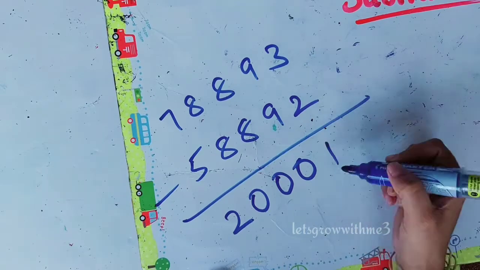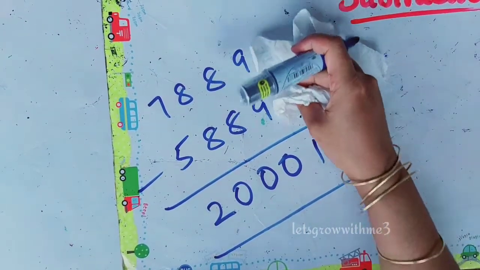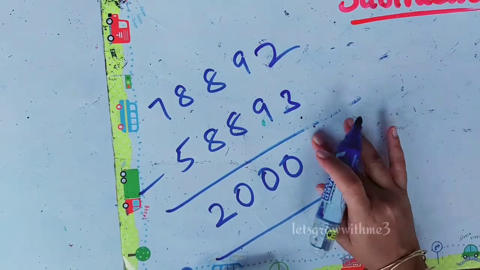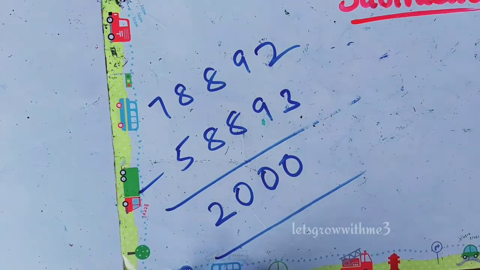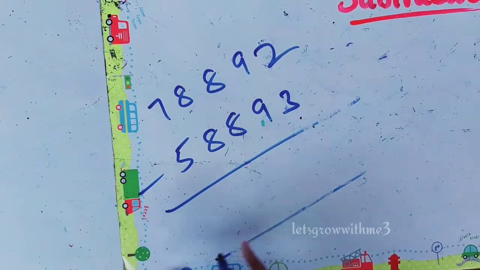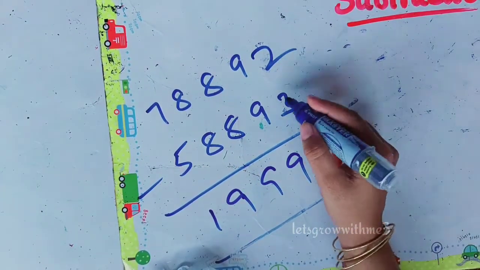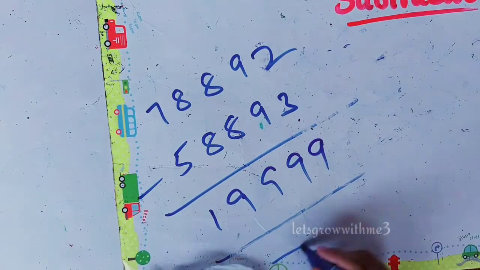So the answer is 3 minus 2 is 1, but now I will consider it in reverse, that is 2 minus 3. Now it's like our previous scenario, right? Let's take 1 from 2000, which is 1999, and the complement of 3 is 7. 7 plus 2 is again 9.